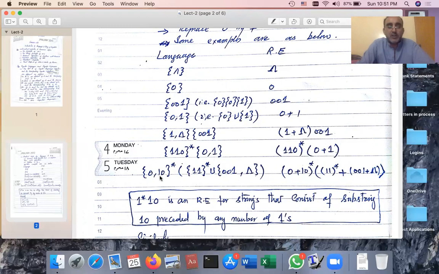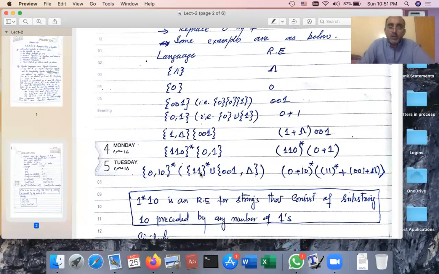And similarly, {0, 10} Kleene star, and then {1} star union {0, null}. This one is simple. Comma is a union, so 0 plus 10 here and then star over it. So just parentheses and star, and then this is 1 again.